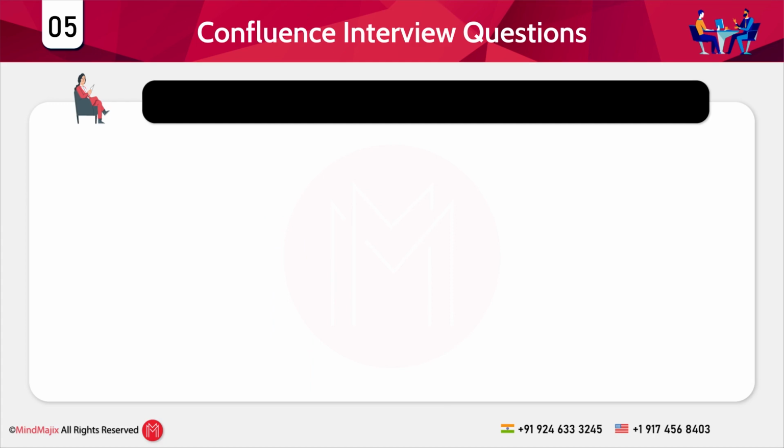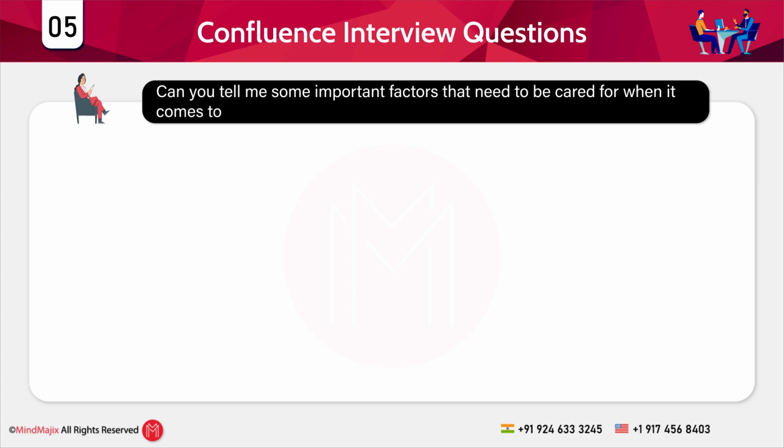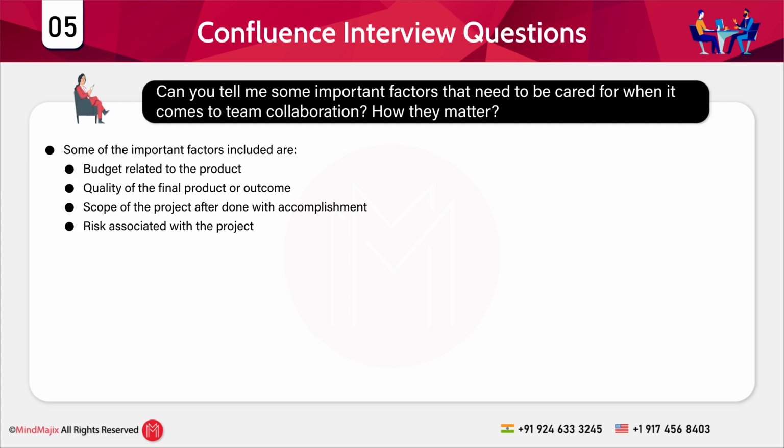Coming back to our fifth question: can you tell me some important factors that need to be cared for when it comes to team collaboration, and how do they matter? Here, the interviewer is asking what the factors are that determine the use of Confluence over traditional methods, and how it helps teams collaborate with one another.